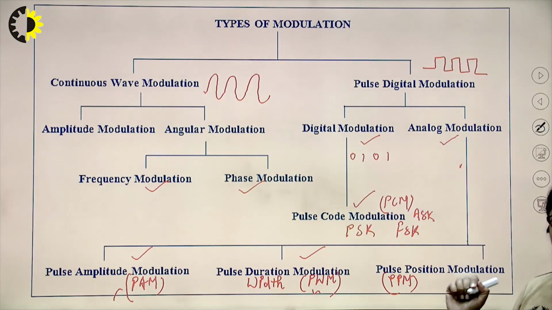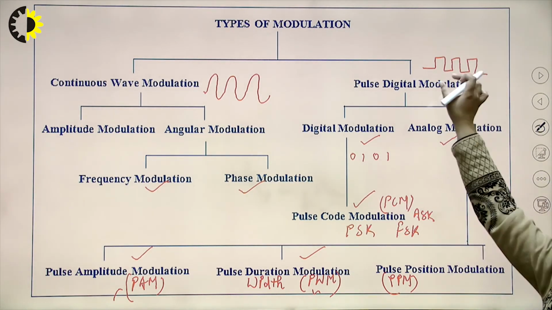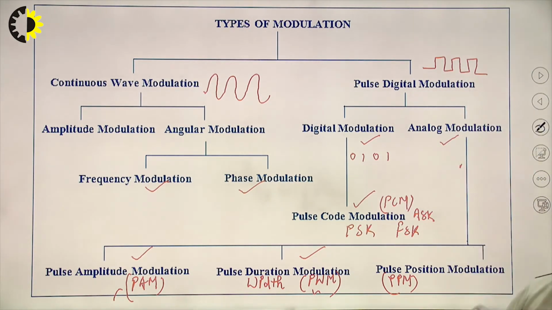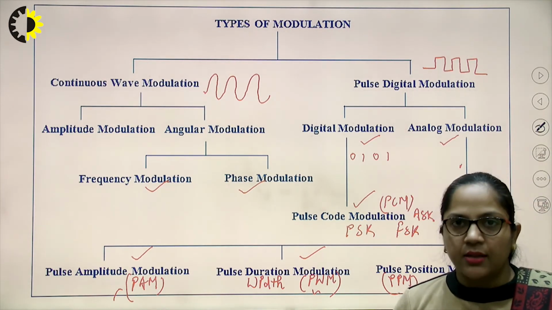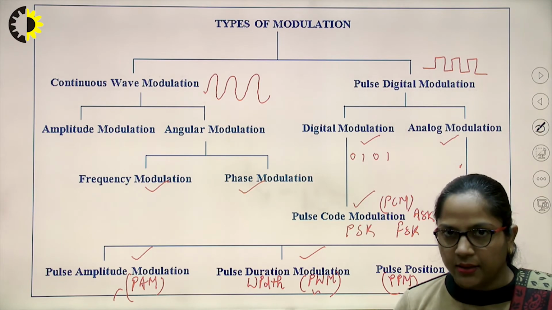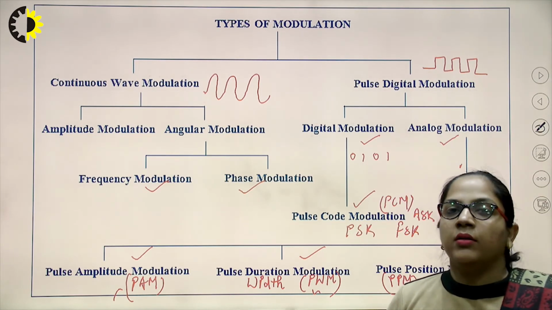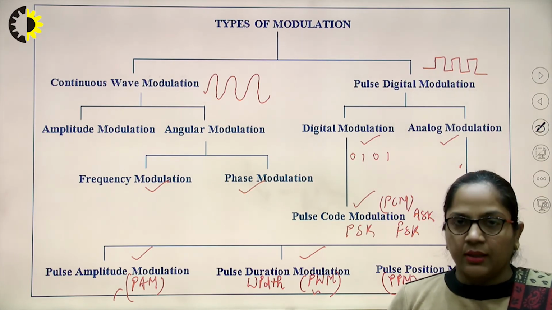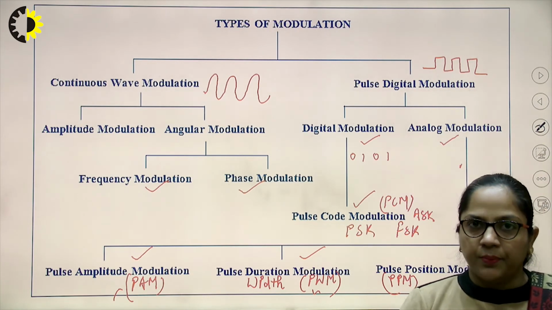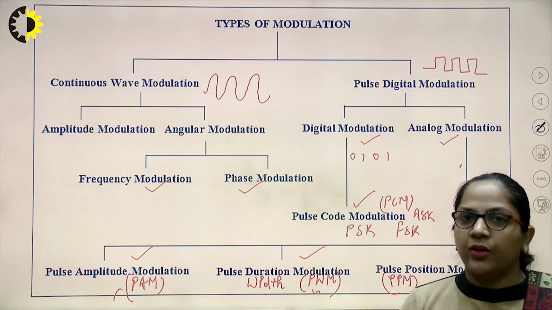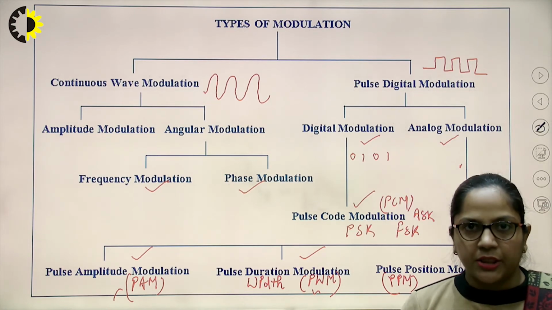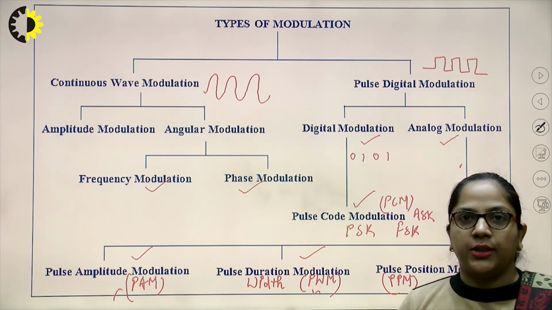In pulse position modulation, the position of the pulse will vary according to the instantaneous value of the information signal or the message signal. So depending on whether our information is in the form of an analog signal or a digital signal, we will have two main kinds of modulation, that is analog modulation and digital modulation.